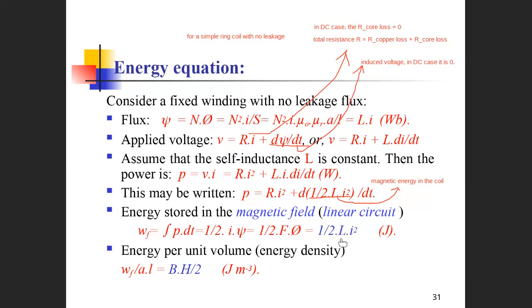Furthermore, based on this, the magnetic energy in the coils can be related to L i squared over 2, or phi F over 2, or i phi over 2, the same.